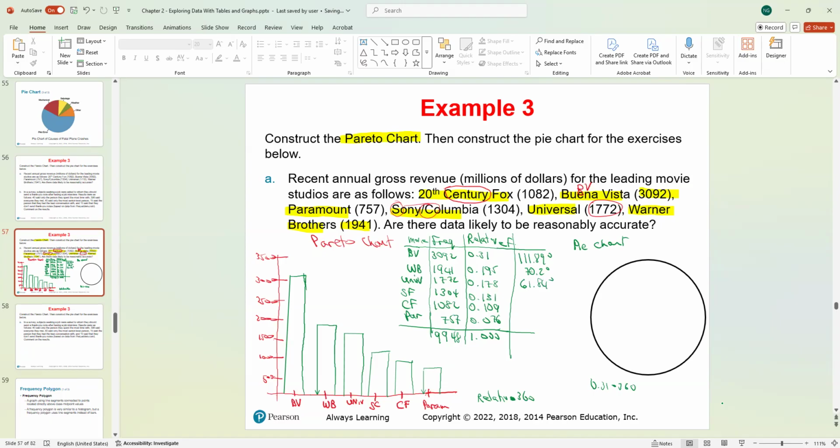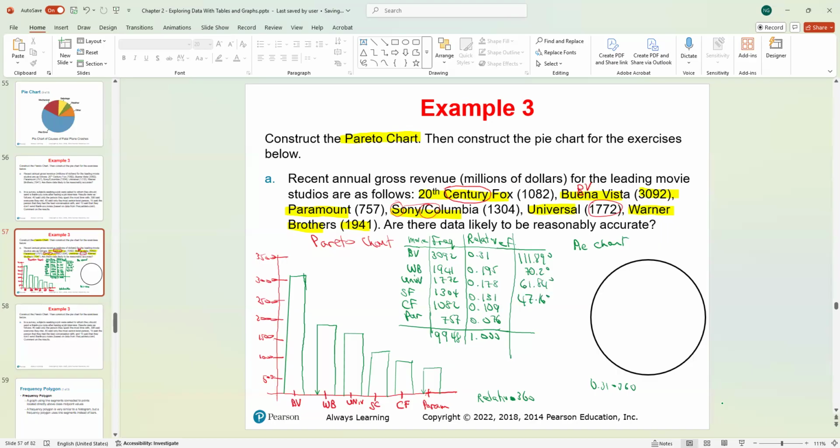Then 0.131. Oops, it did something wrong to me. Okay, hold on. 0.131 times 360 is 47.16 degrees.